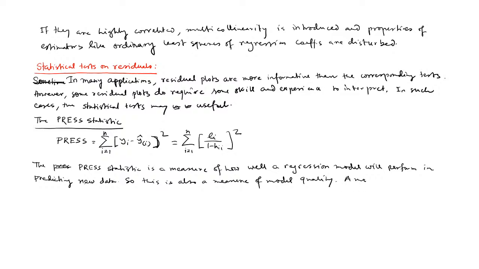A model with a small value of PRESS is desirable. This can also be used for comparing regression models.